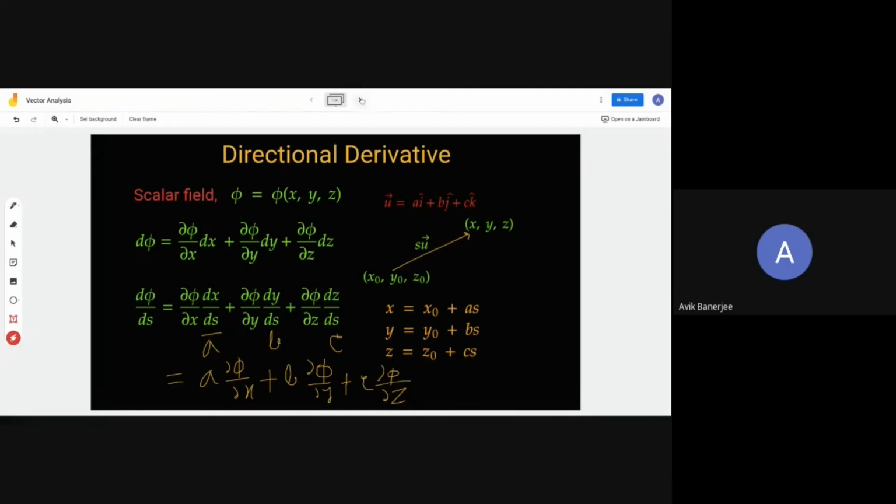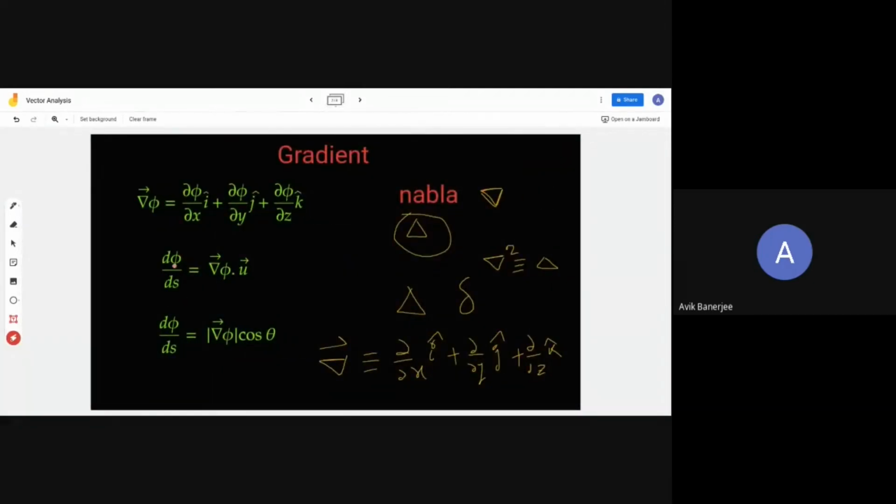So if we want to know the directional derivative of a scalar field at a particular point, what do we have to do? First of all, say you are given the scalar field as a function of x, y, and z, and you are asked to find out the directional derivative of this in the direction of a given vector a vector at a particular point x naught, y naught, z naught.